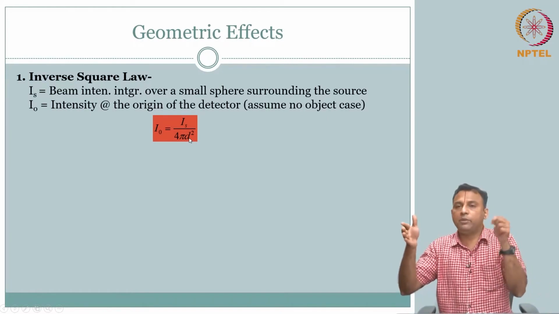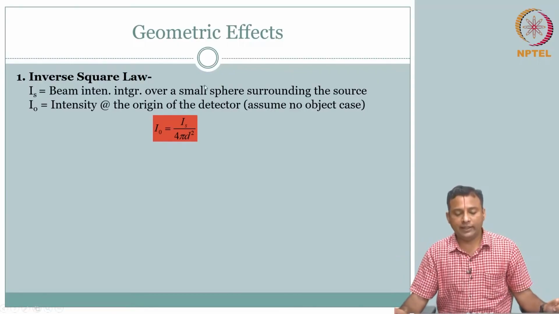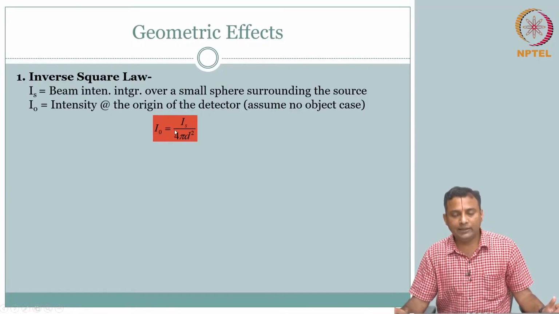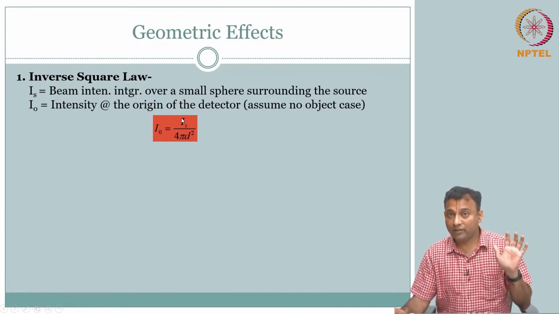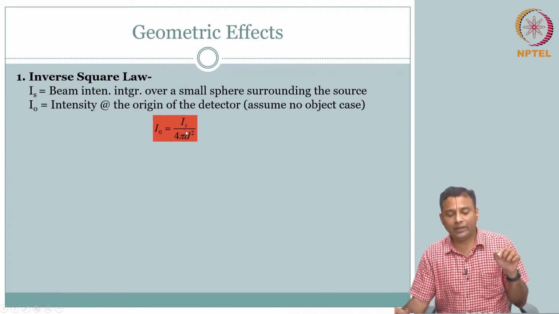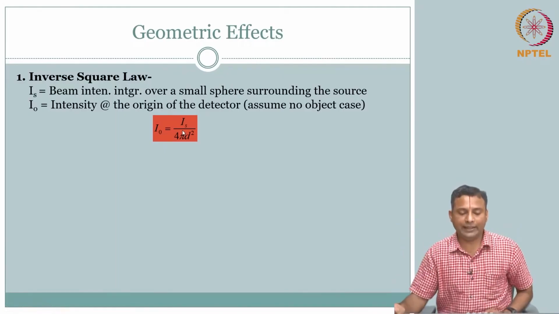This is the distance between the source and the center of the detector. I have no object, so technically it should be IS, but it is reduced by 4 pi d square.